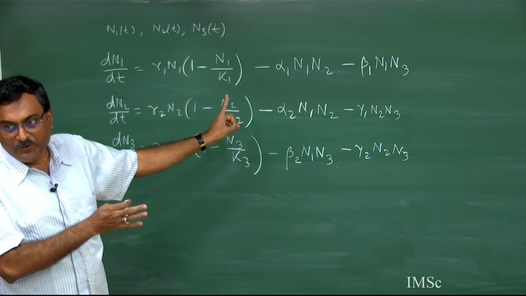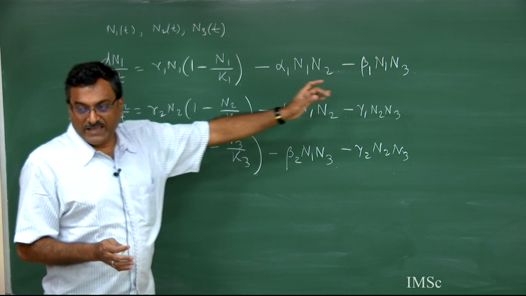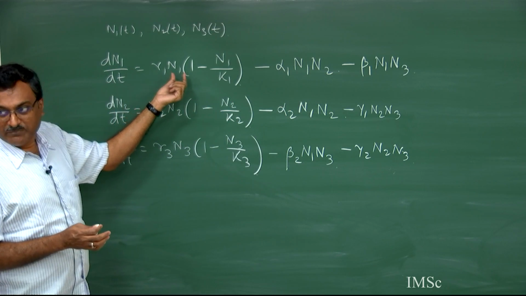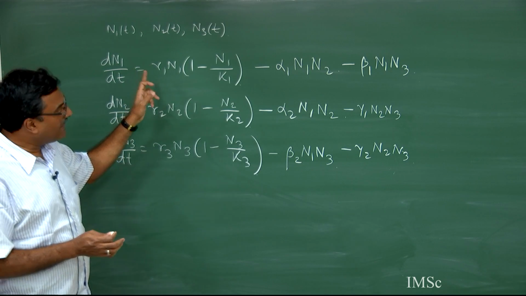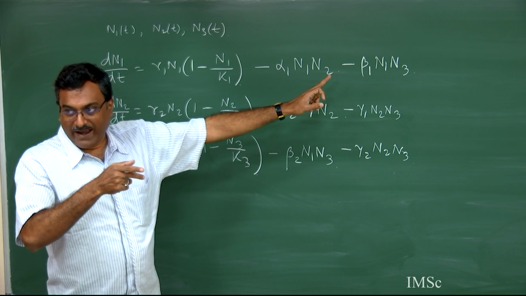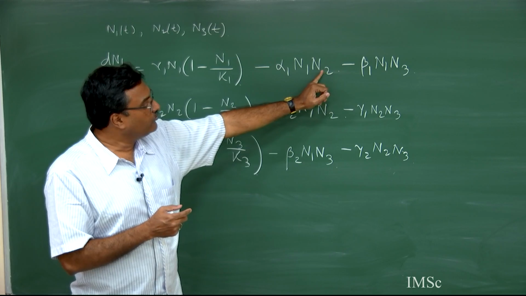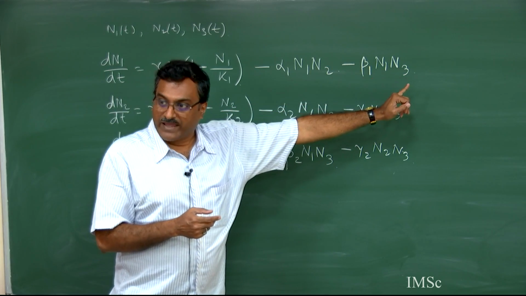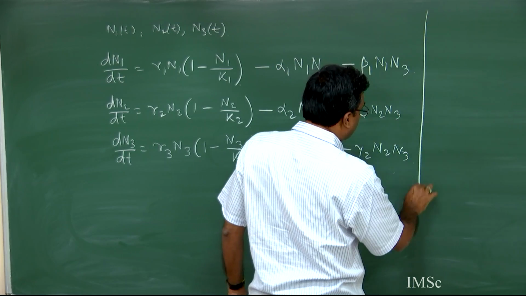Just try to understand that in each equation there is a linear term, that is N1 multiplied with some constant, and the rest of the terms are pairwise products. That means N1 multiplied with N1, N1 multiplied with N2 and N1 multiplied with N3.